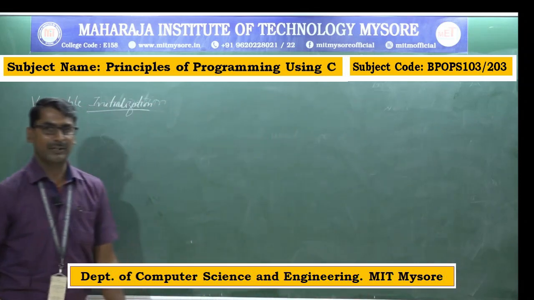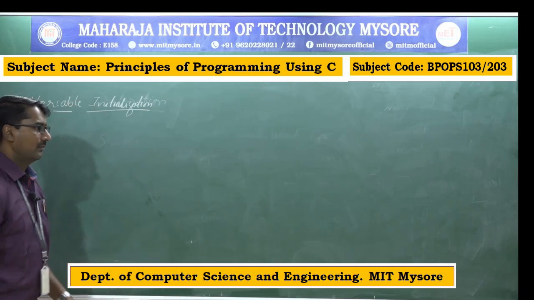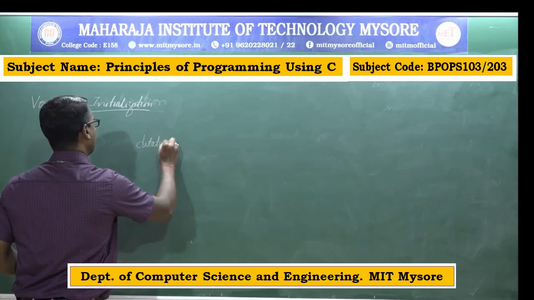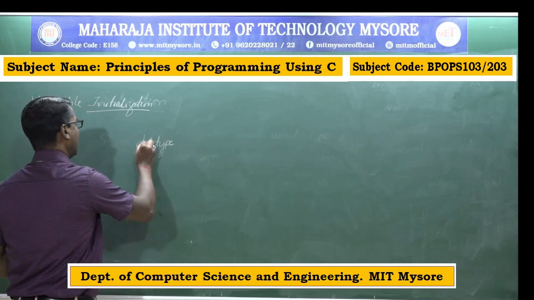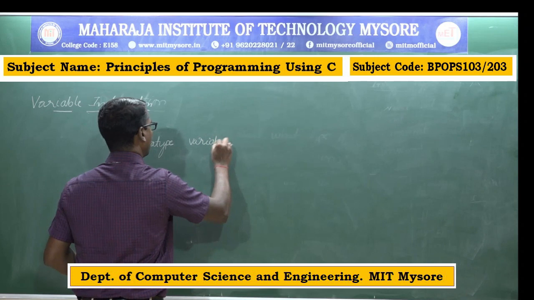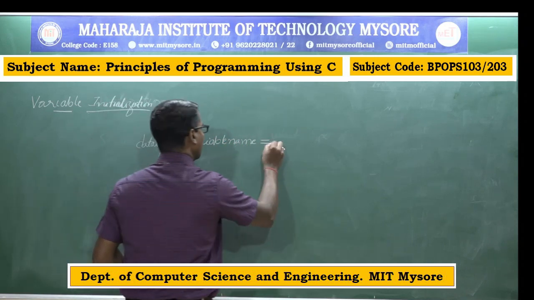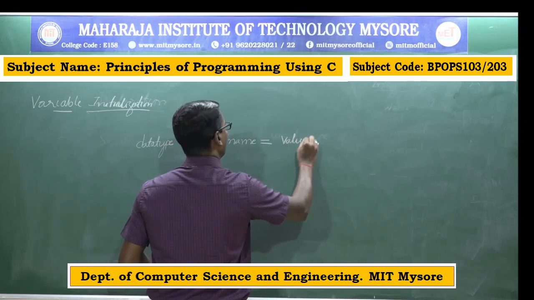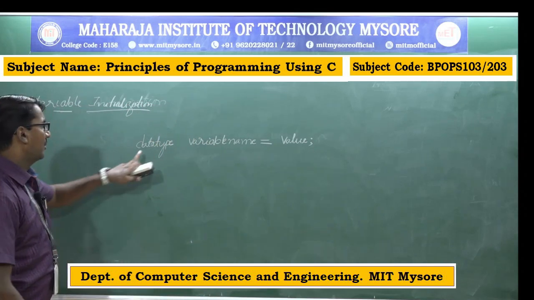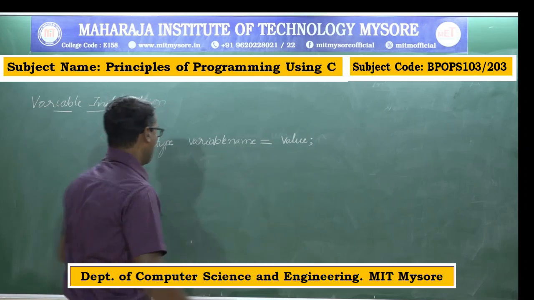So in order to assign values during variable declaration, we use the syntax data type, variable name is equal to value. So data type, variable name is equal to value.